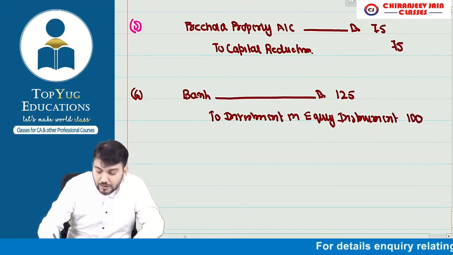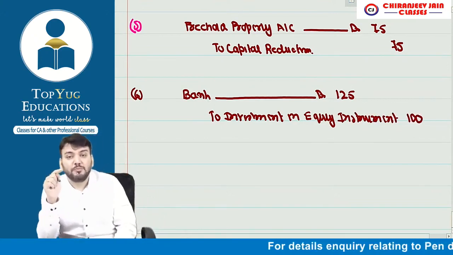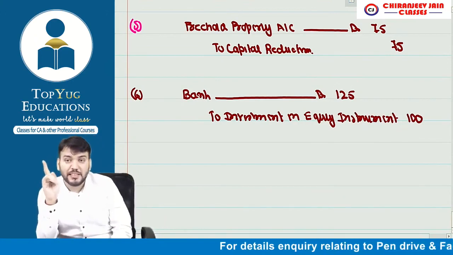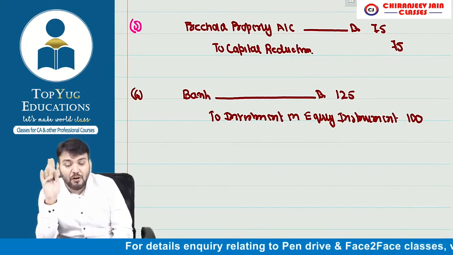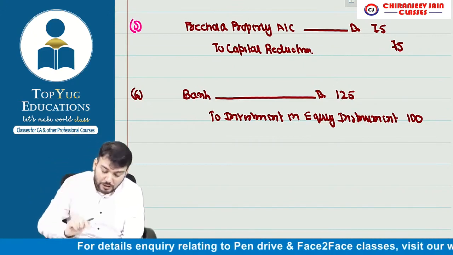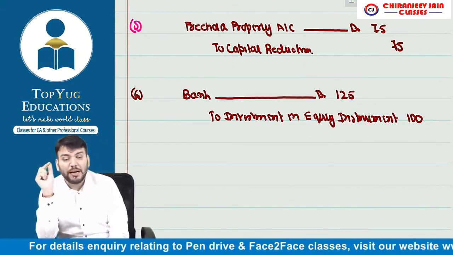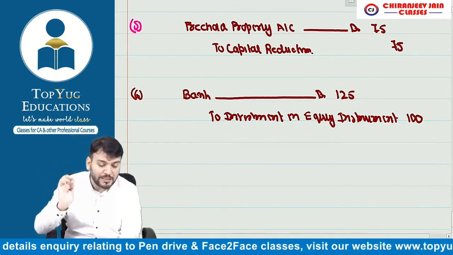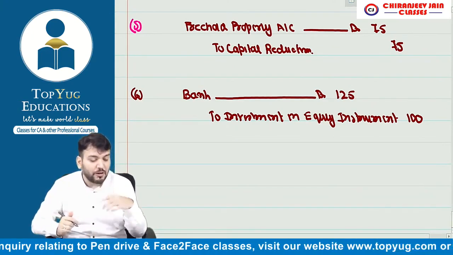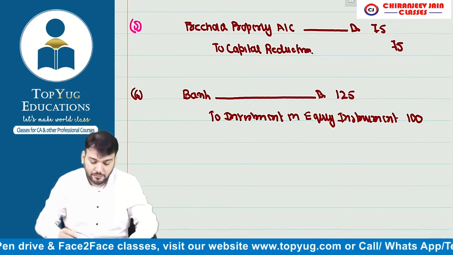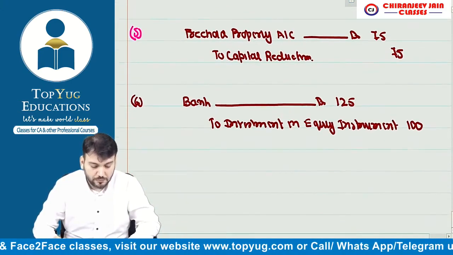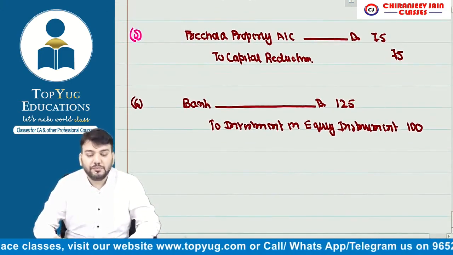How much? 100. But the balance will be transferred to PL account because AS13 says so. Will it be transferred to PL account or capital reduction? Tell me where it will be transferred. Everyone respond.